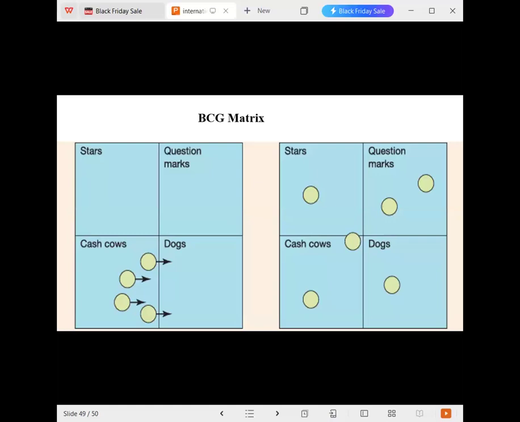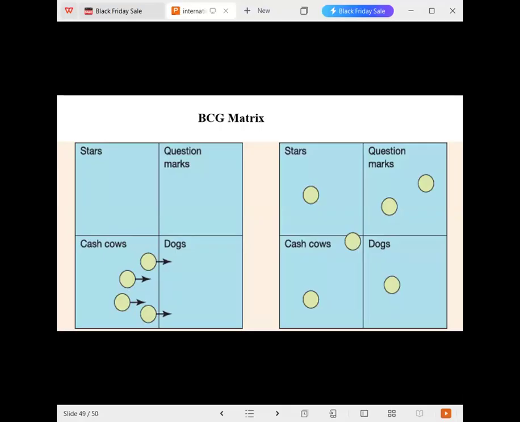That's scary actually, because while you were explaining to us, the second step was stars, after that question mark, and dogs was the last phase. So entering into dogs can be risky for such a market.